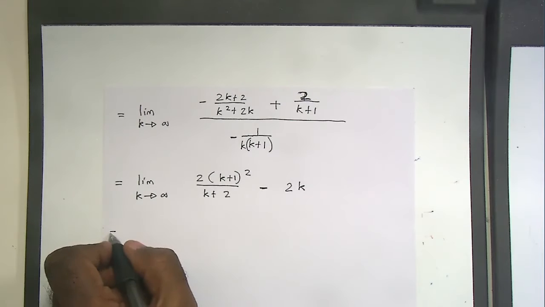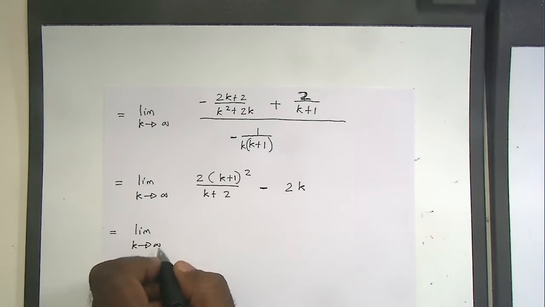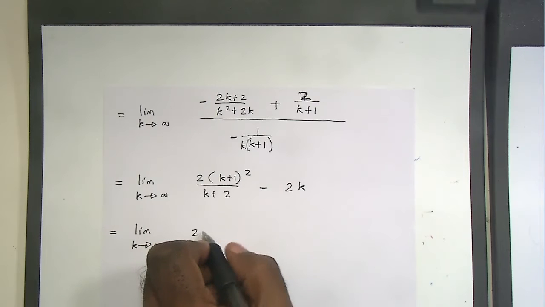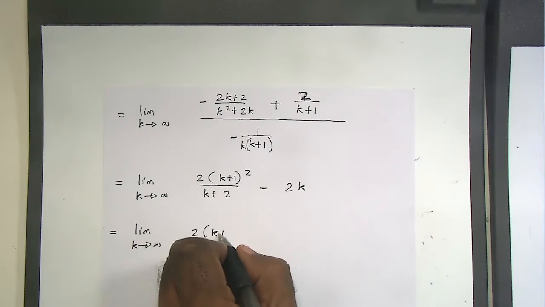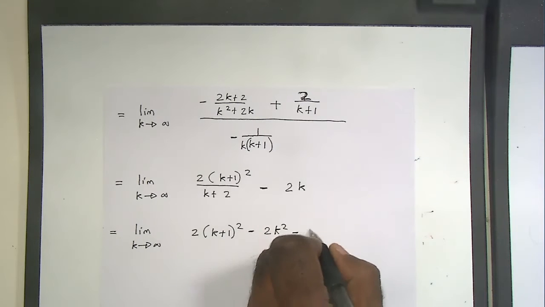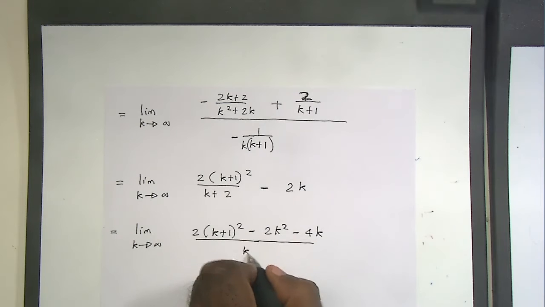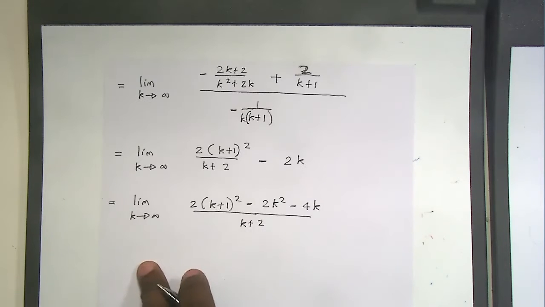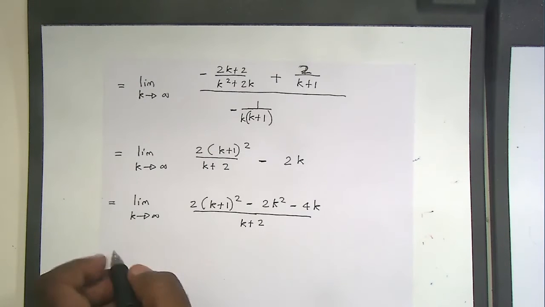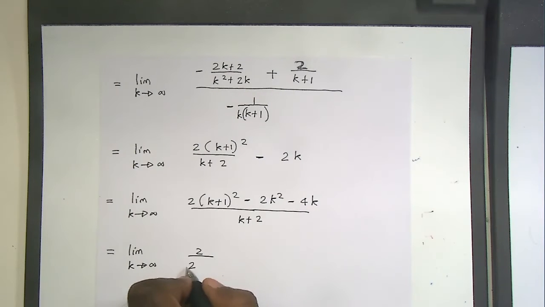And this becomes the limit as k goes to infinity of, and a lot of the things will cancel, except, I know it's long calculations, I know. It's divided by 2 divided by k plus 2.